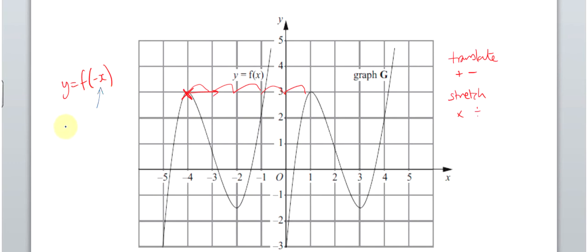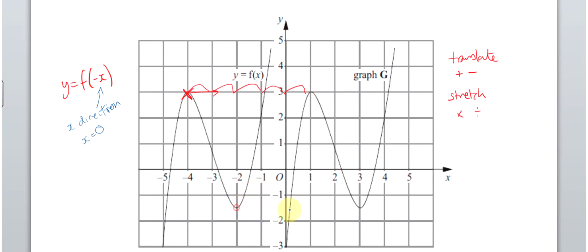Inside the brackets means in the x direction. Okay, and in this case it's going to be a reflection in the line x equals 0, which is the y-axis. So y equals f of minus x is going to look like this.